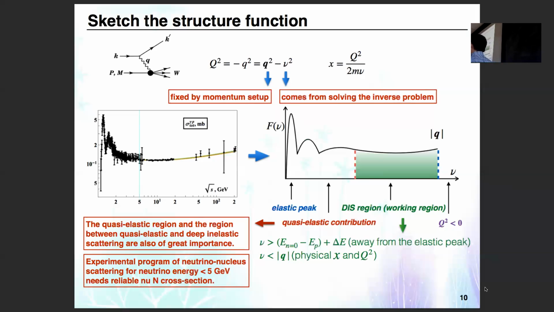One thing we later realized is that the quasi-elastic part is also of great importance, because nowadays people at Fermilab are planning an experimental program of neutrino-nucleus scattering, which needs very precise neutrino-nucleus cross sections. The neutrino energy is less than a few GeV, which is just this region.